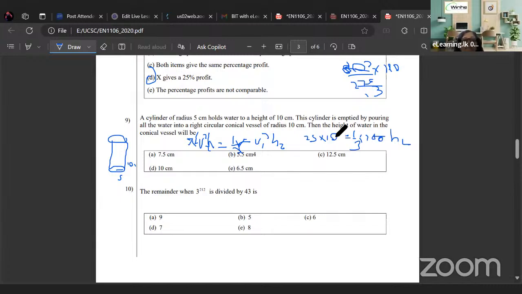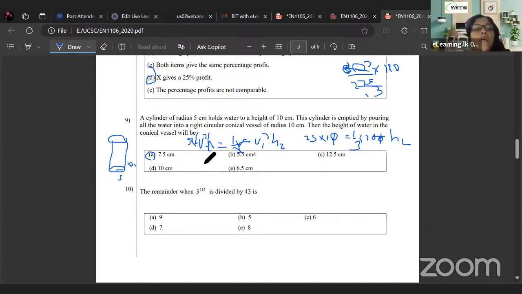Then 7.5 should be the answer. Answer is 7.5. Right.